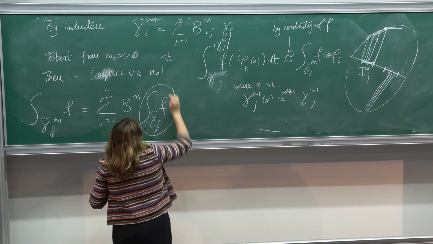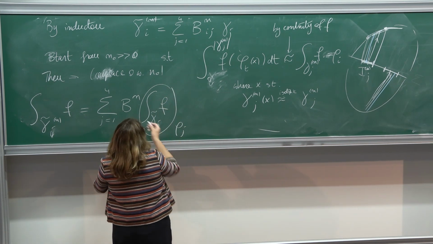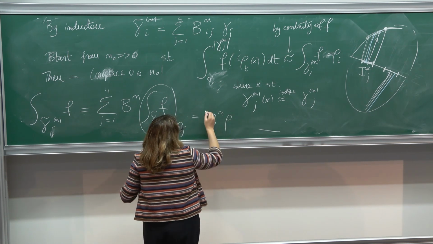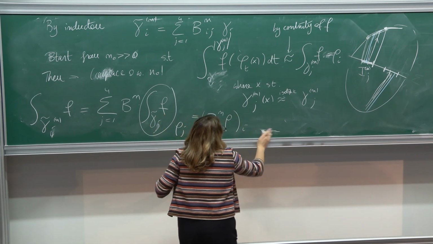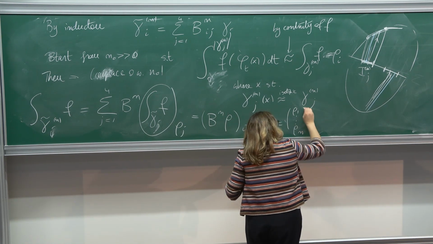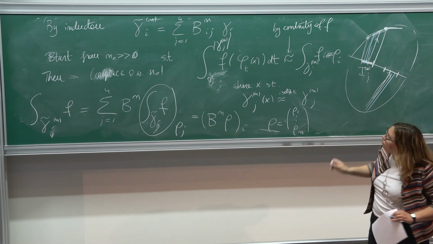And these are constant, these are my rho j. So this is like applying the matrix B n to the vector rho and looking at the entry i, where rho is the vector rho 1 to rho 4.